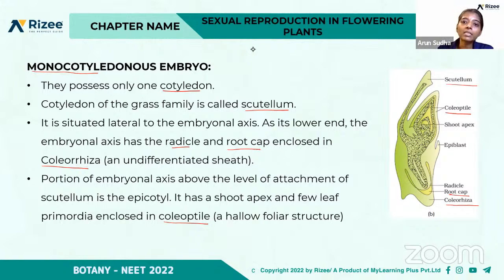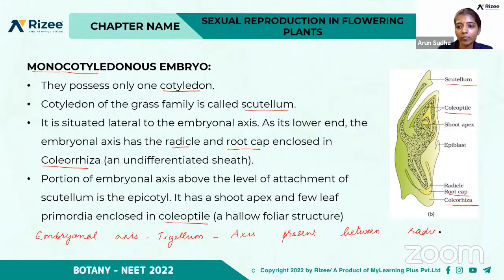And the axis which is present between the plumule and the radicle is called the embryonal axis, which is also called the tigellum. Okay, so this is about the structure of the embryo.